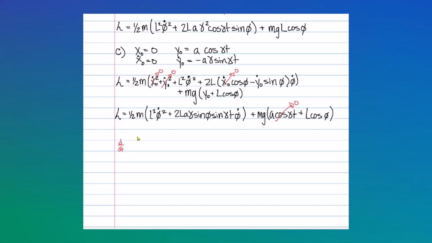The trick that we use to simplify this Lagrangian, or this term from this Lagrangian, is almost identical to the one used in the previous part.